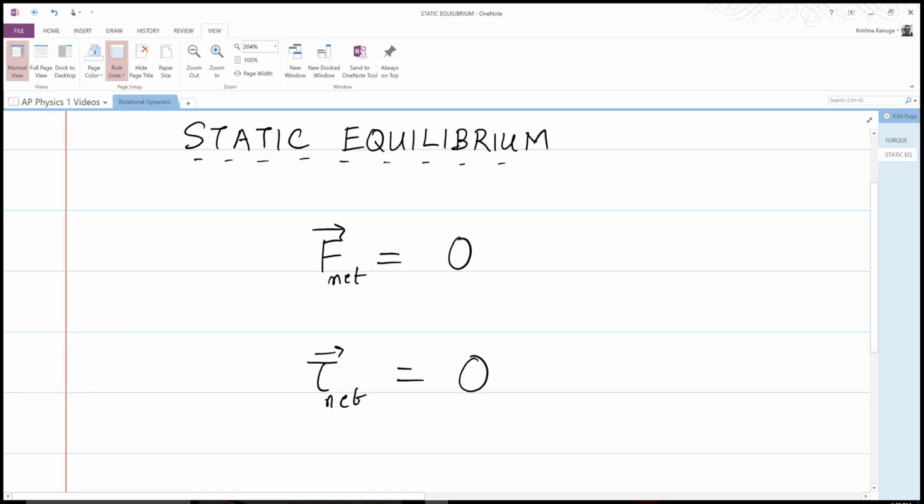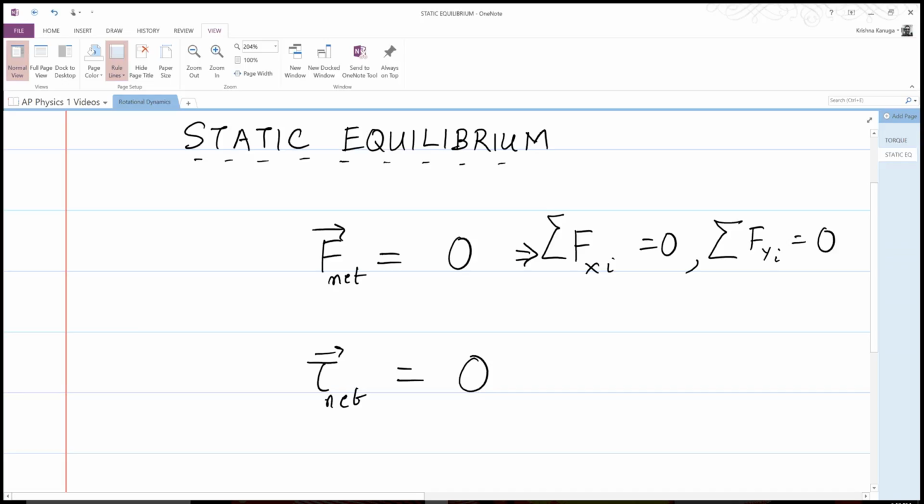Now, the first of these equations also ends up giving us two equations in two dimensions, which essentially says that the summation of all the forces along the x direction is zero, and the summation of all the forces along the y direction is also equal to zero.